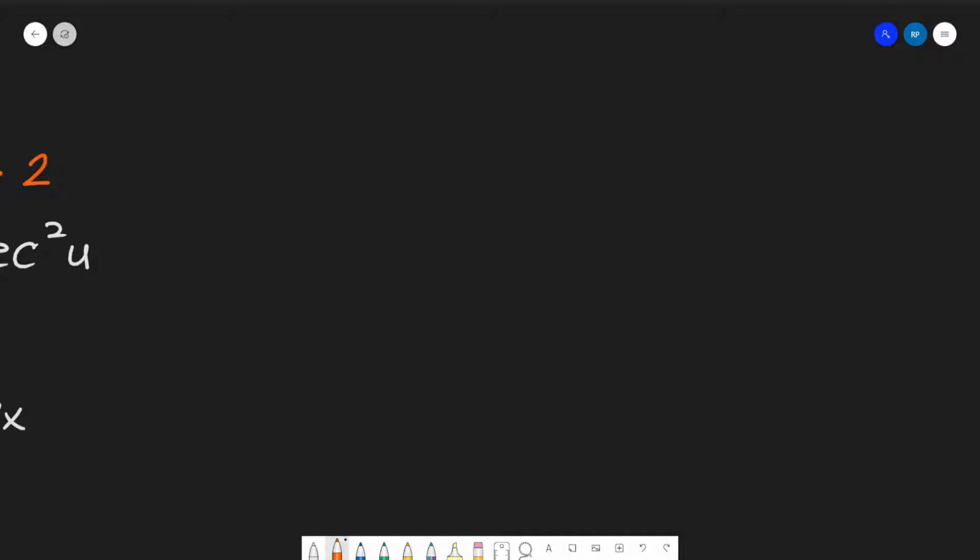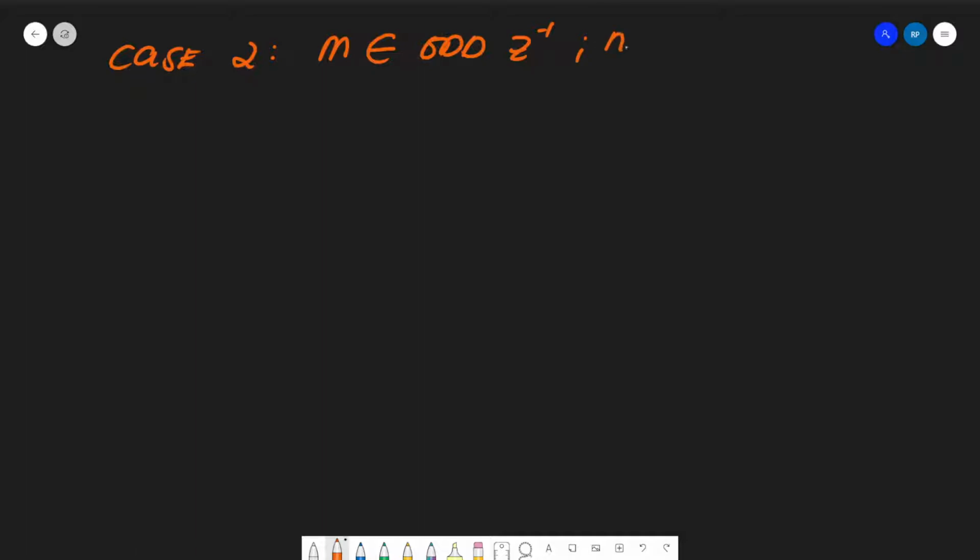Sabi dito sa case number 2, kung kanina yung n ang may condition natin, ngayon naman baliktad. Yung m naman. So, for m, we have m is a positive odd integer, n is any real number.